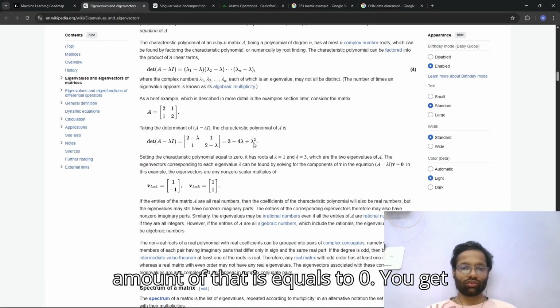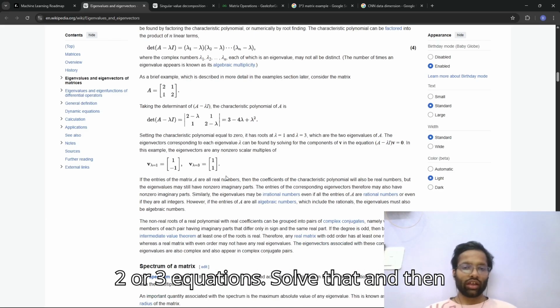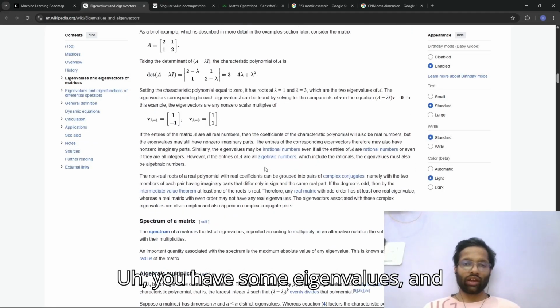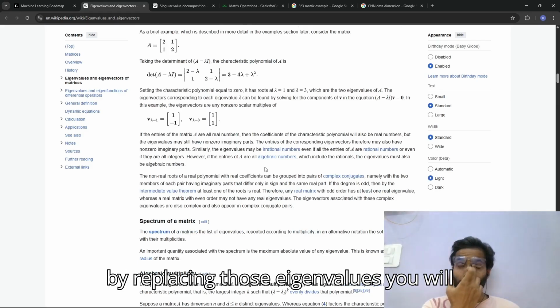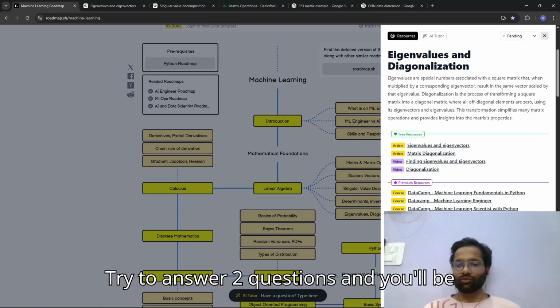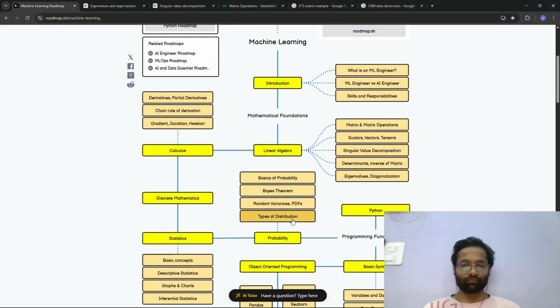You get two or three equations, solve that, and then you have some eigenvalues, and by substituting those eigenvalues, you'll get the eigenvectors. So it's that simple. Try one or two questions, and you will be good.